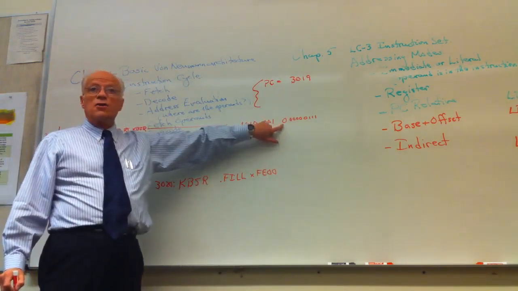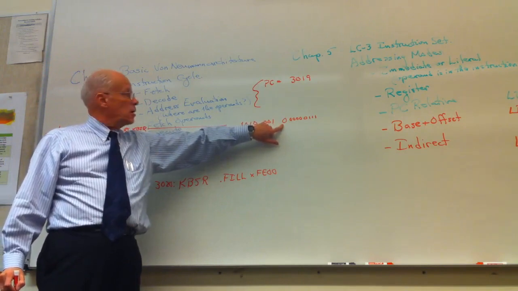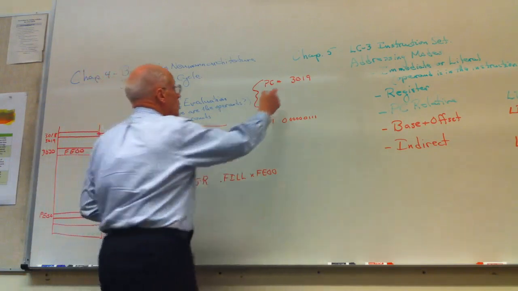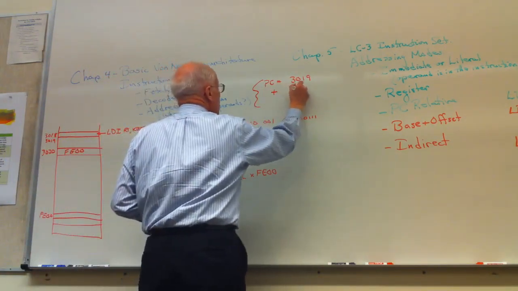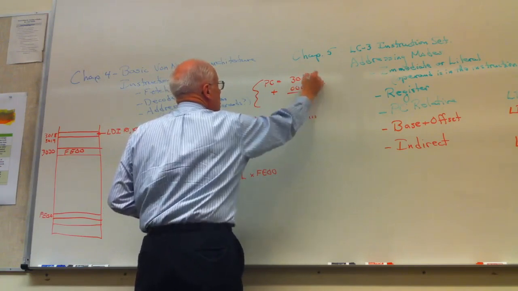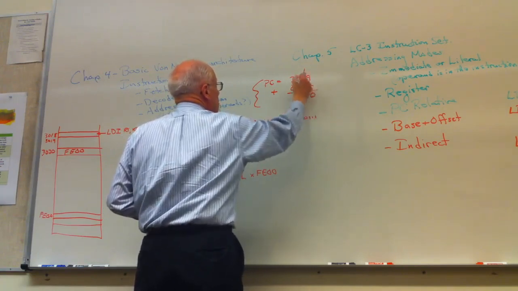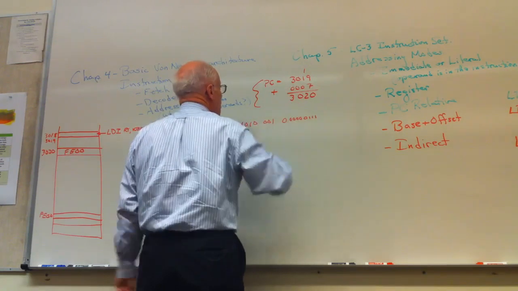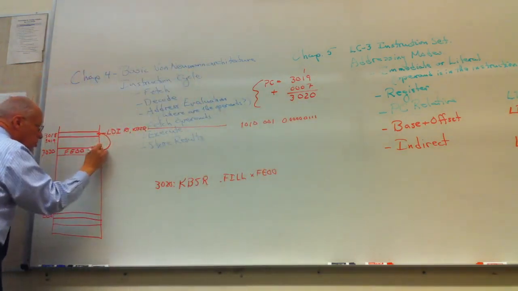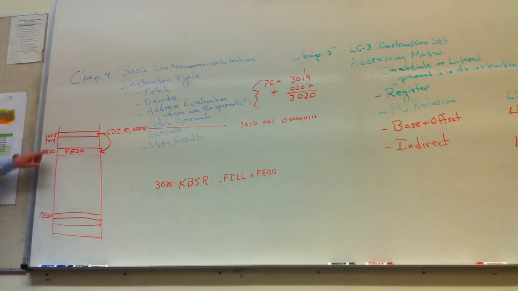It does a sign extend on this thing, which duplicates this bit, this 0, all the way across. 9 and 7 is 16, that's 0 and carry 1, 2, 0, 3. Okay, that says go to this location, 3020.